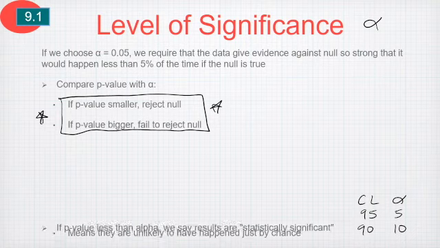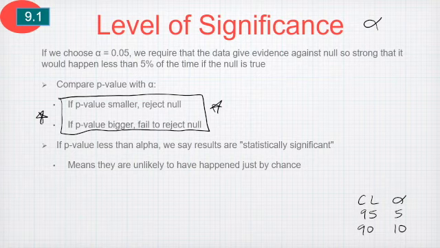Okay, enough of that. If the p-value is less than alpha, we say that results are statistically significant, and I'm very careful to use this word. So what does statistically significant mean? It means that it is not likely to happen by chance. But we've proven that with statistics by saying that our p-value is less than alpha.